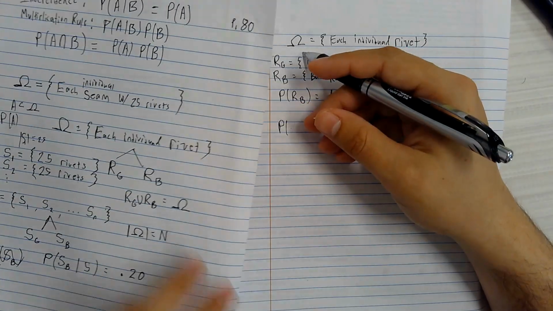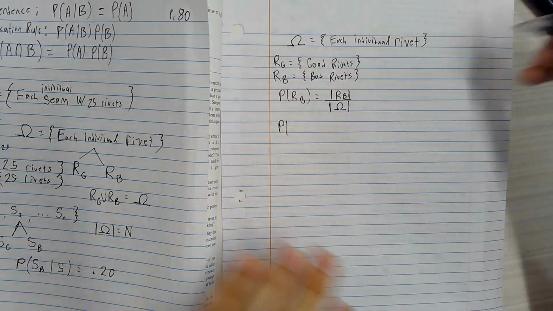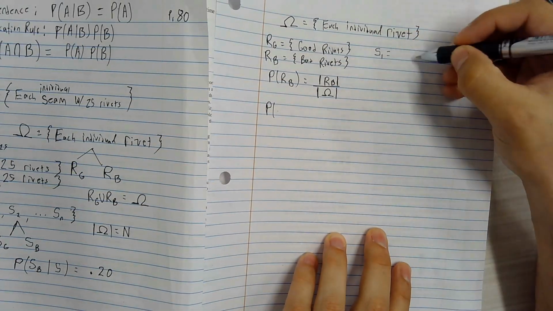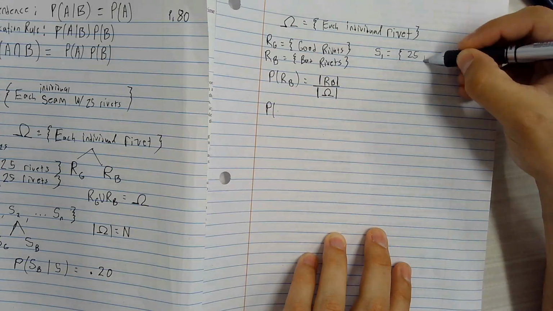of multiplication. What if I define a seam with those 25 rivets?